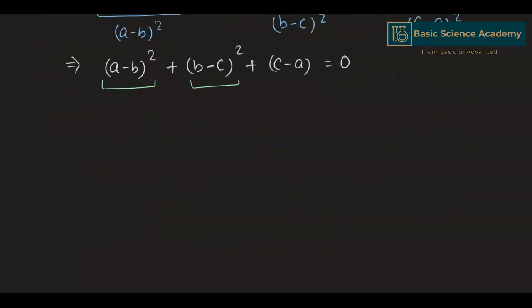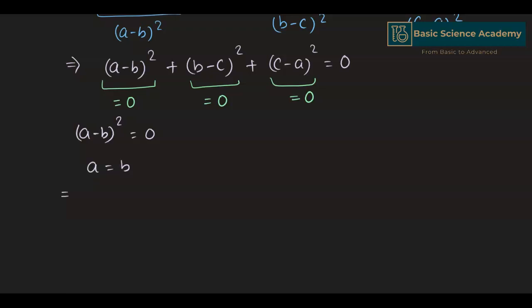Since these are all perfect squares, these values cannot be negative. Hence, for the left side to be 0, each of these terms must be equal to 0 because these values cannot be negative. So this gives us a minus b whole square is equal to 0. This is possible only when a is equal to b.